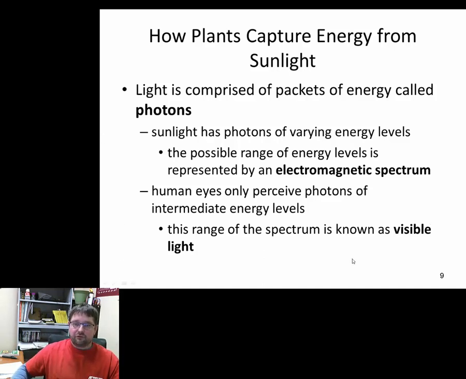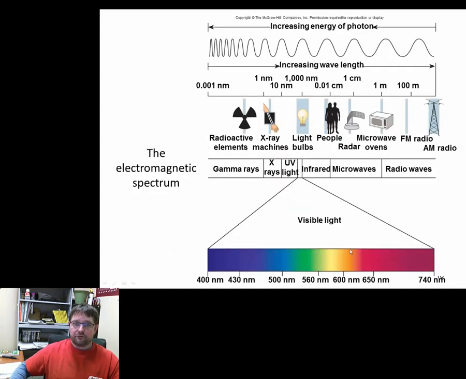Visible light should be known as human visible light, because there are lots of organisms that see outside of our visible light range. And so if we look at the visible light range, our visible light range runs from 400 nanometers, about 390 actually, all the way to 750, 740.